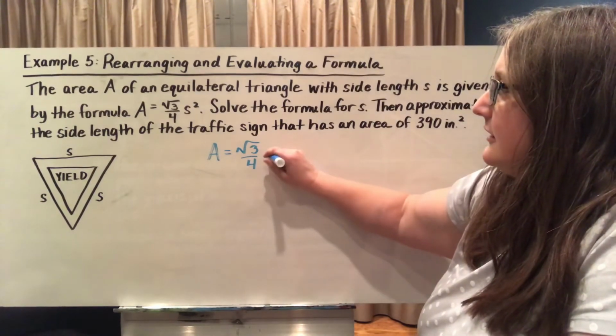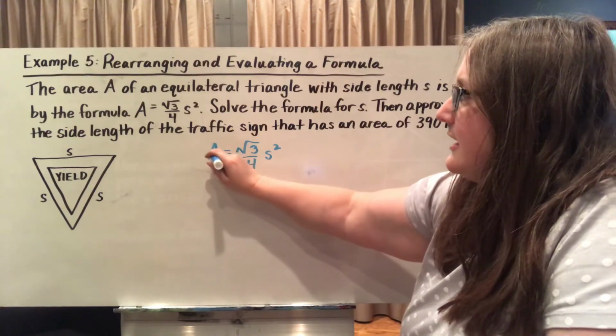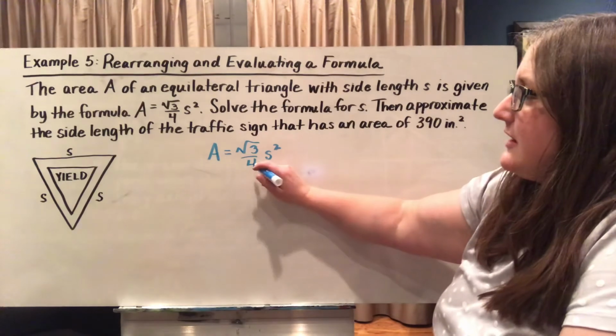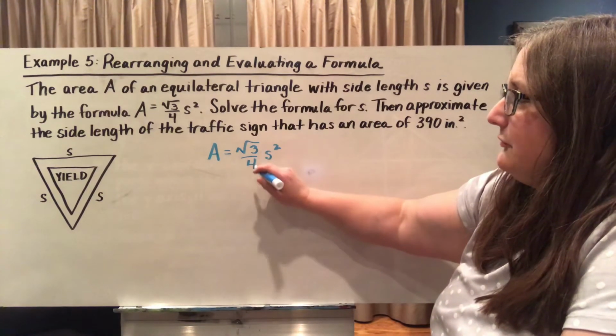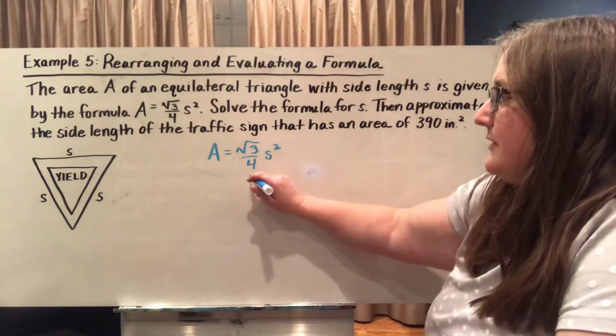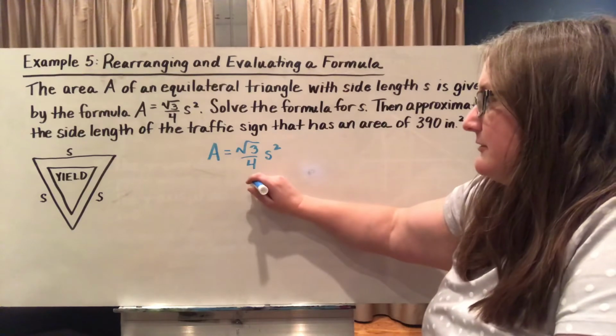So let's say we want to solve this formula for s, so we can just plug in areas and find our side length. So the first thing I would do here is multiply both sides by the reciprocal of the square root of 3 over 4. It's kind of like dividing by the square root of 3 over 4 and multiplying by the reciprocal.